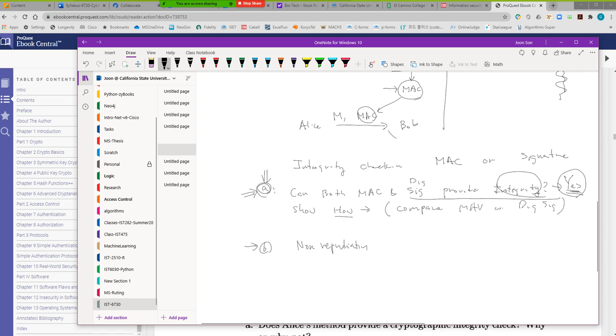In terms of non-repudiation, if the goal is achieving non-repudiation, do you recommend using the MAC or the digital signature? Any volunteer? Digital signature, thank you. The MAC cannot achieve non-repudiation, and please explain why.